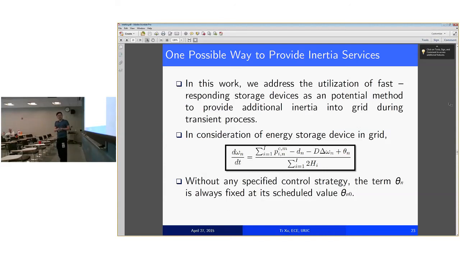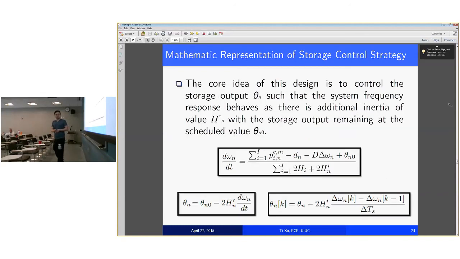And just like use this control algorithm I have, the frequency deviation change rate is used to determine what the output of the storage is at that time. Okay.